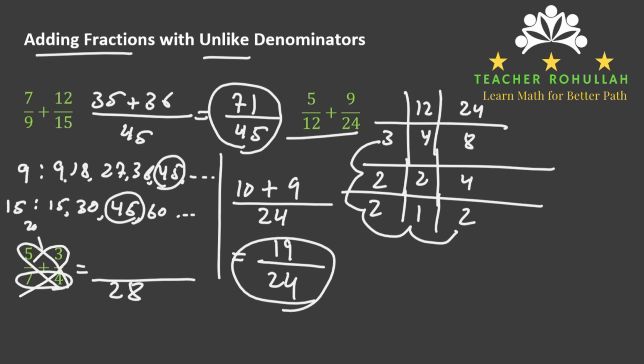And then multiply these two. 3 times 7 is 21. So 20 plus 21. This is called the butterfly method. Now 20 plus 21 is 41 over 28. This is the answer to the problem.